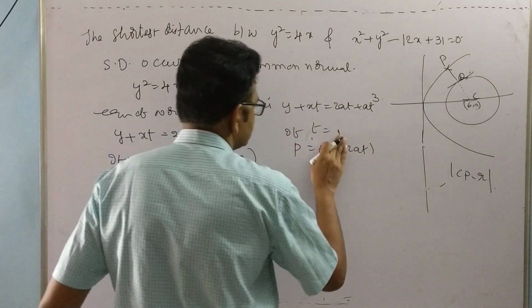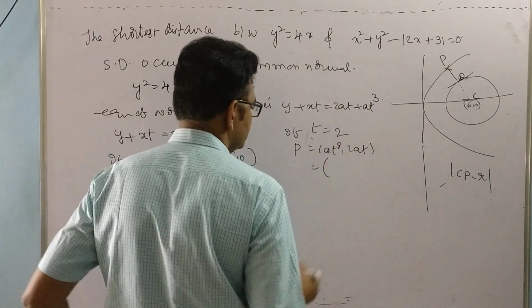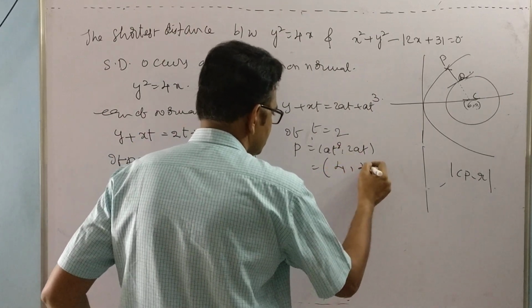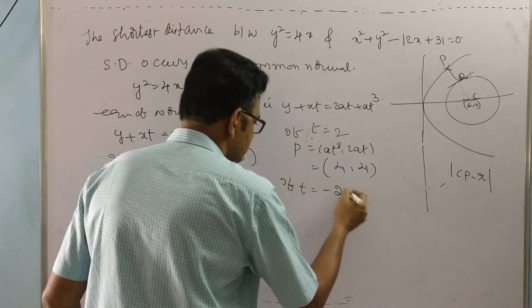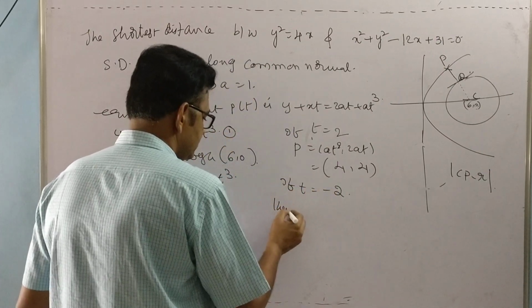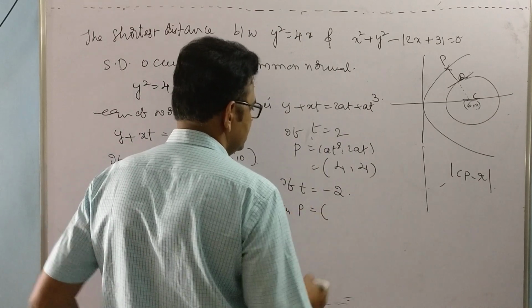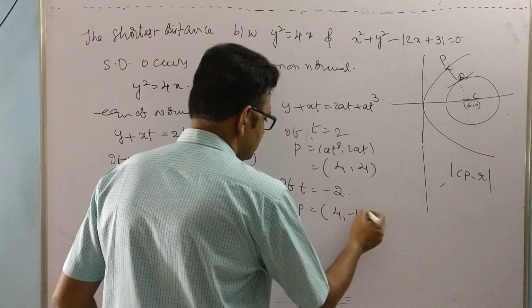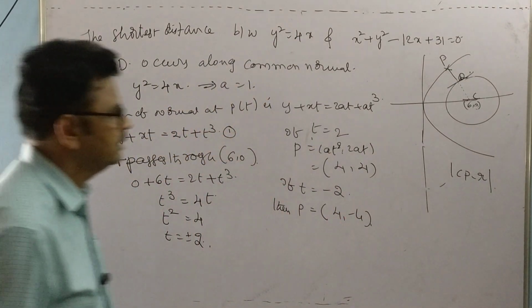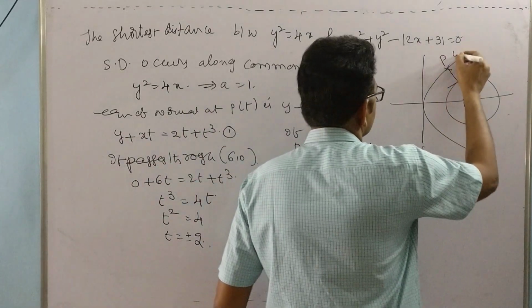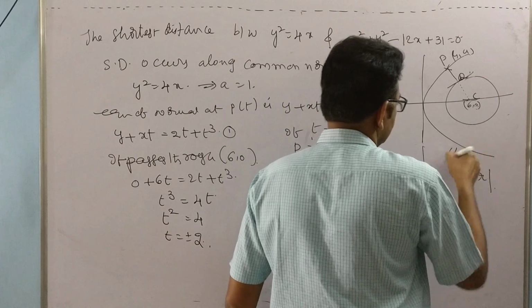If t equal to plus 2, the point is (4, 4). If t is equal to minus 2, the point P is (4, minus 4). The points are (4, 4) and (4, minus 4).